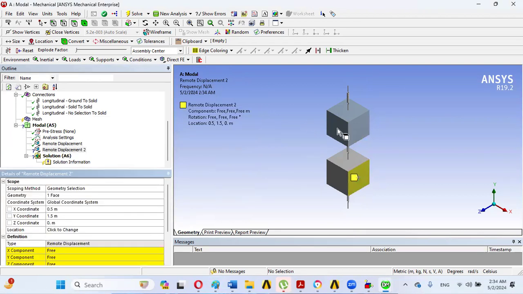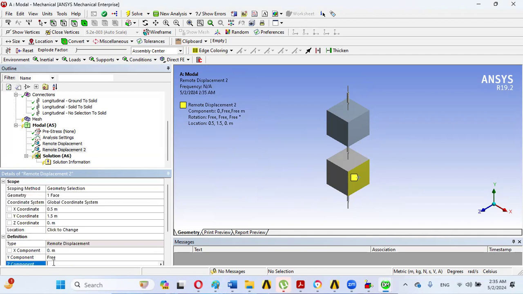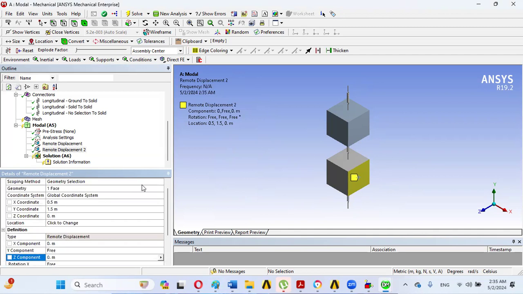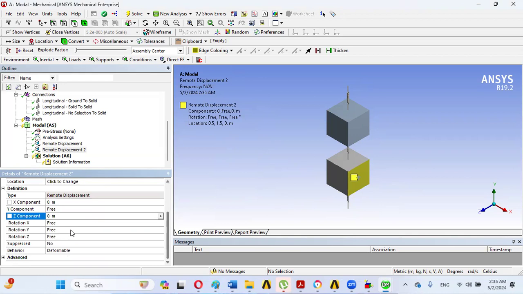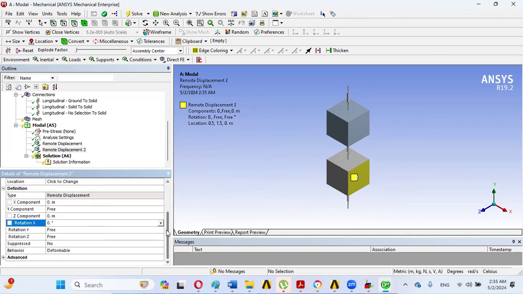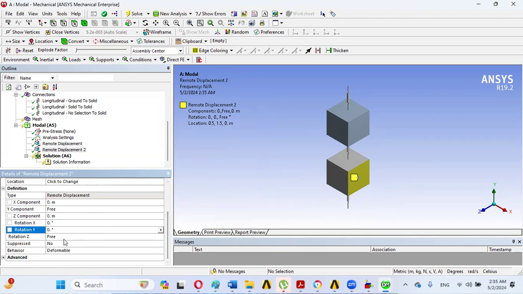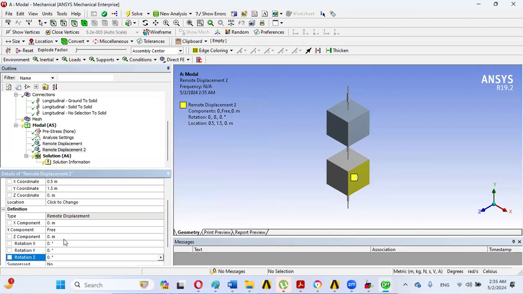We can observe that any of the four side faces can be made as the remote face. So we will be making x free, and y and z also to be 0, and rotation about x must also be 0, and rotation about y must also be 0, and rotation about z must also be 0.